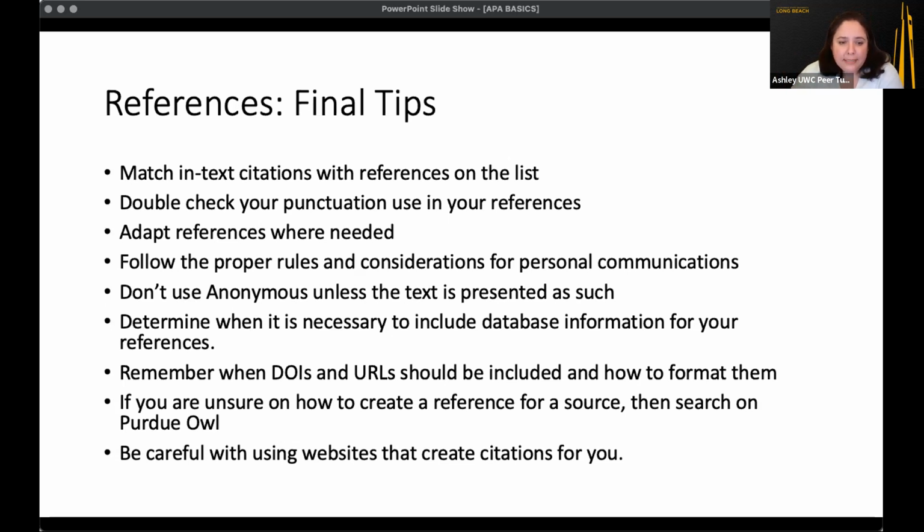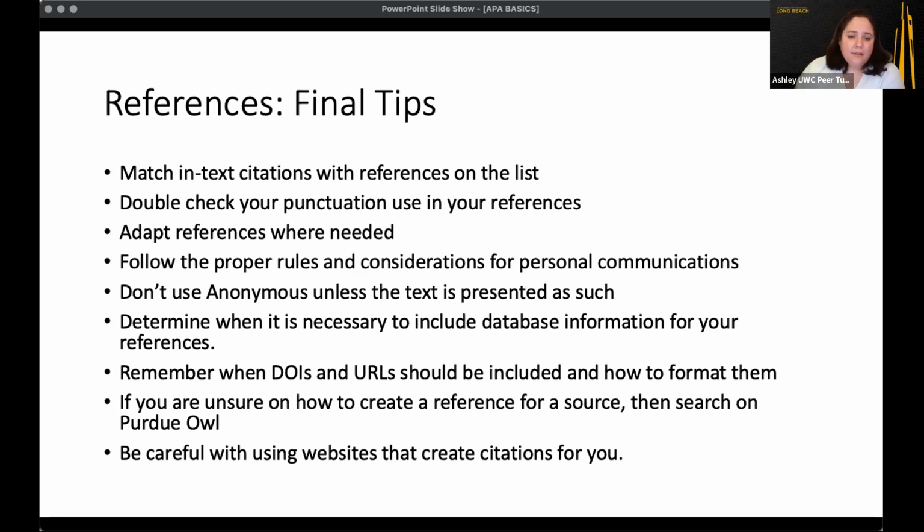Adapt references when needed. So again, if there are no dates, no information on the author, don't put it in. Follow the proper rules and considerations for personal communications. Again, don't use biased language, and don't use anonymous unless the text is presented as such.